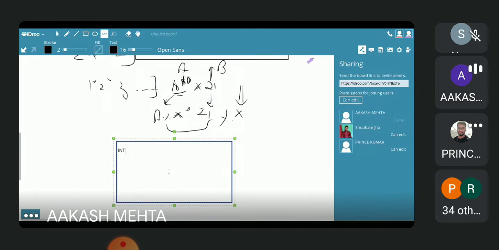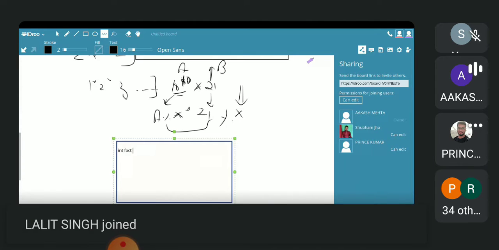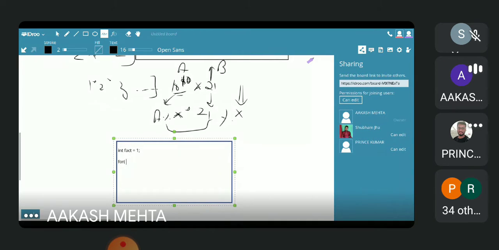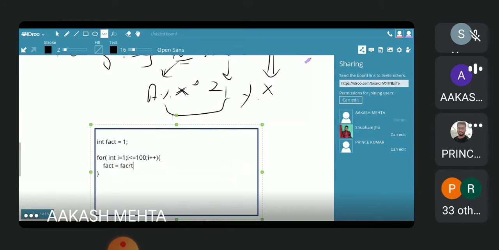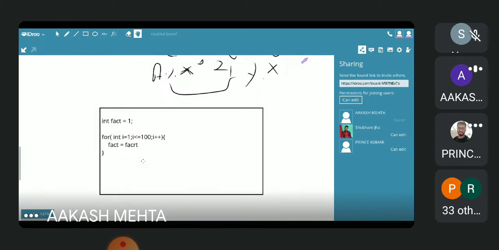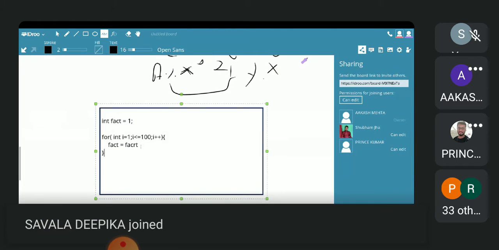Let's say fact will be your answer. So we start with 1. Let's say we want to calculate the factorial of 100. So this is our for loop. Usually we do fact equals fact into i.